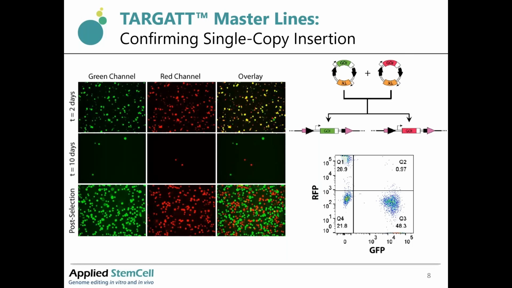After selection, the green or red cells were greatly enriched by themselves, but no yellow cells were detected. This suggests the system is a one copy system, and this single copy insertion was further confirmed by FACS analysis shown on the right side.